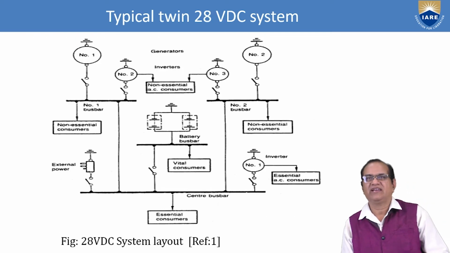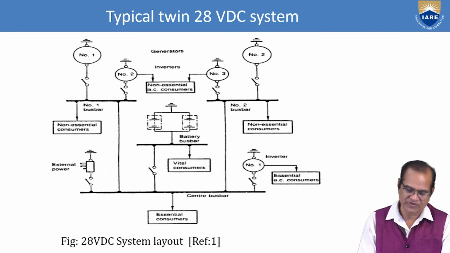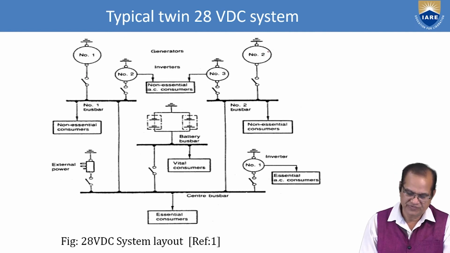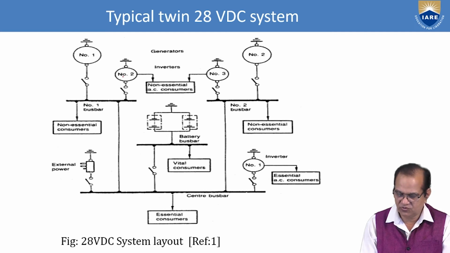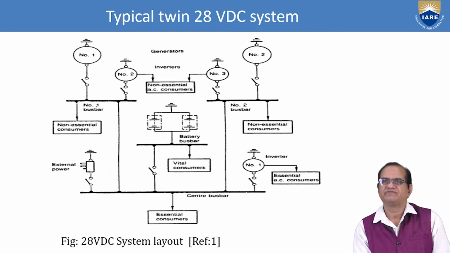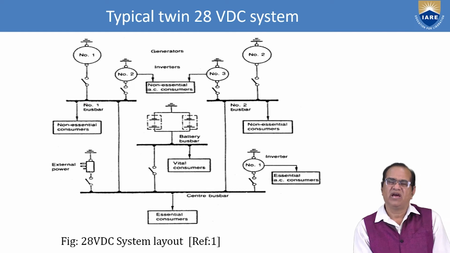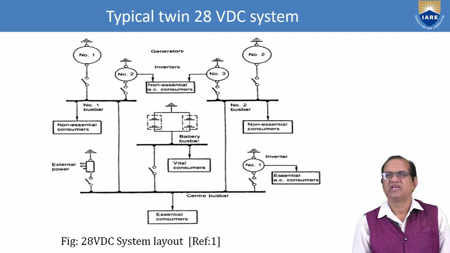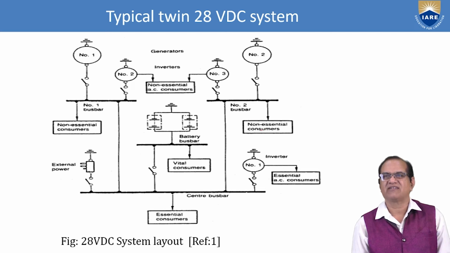So here you can see number 1, number 2 DC. From here it will go to the inverters and generators. Here is the number 1 bus bar. Here is the number 2 bus bar. From number 1 it will go to the non-essential consumers. Here also it goes to the non-essential consumers.